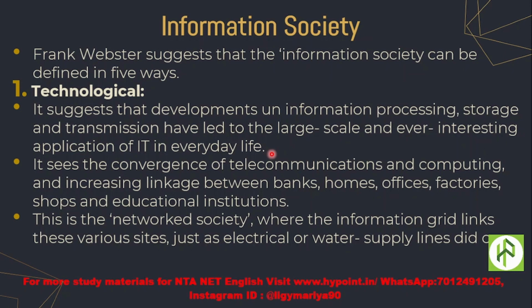We are using phones, we are using various gadgets in which IT is important. We are searching many things on the internet and we are using apps. So all our habits, all our ways of using this information and IT are processed, stored and transmitted for various other purposes. So technological usage is one of the ways that we can define the information society.